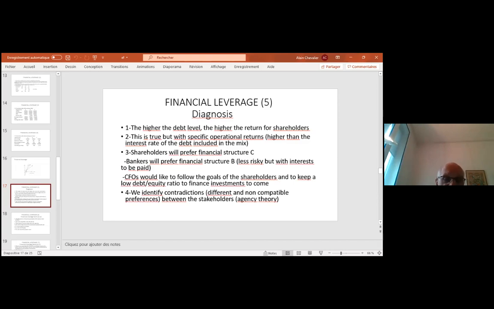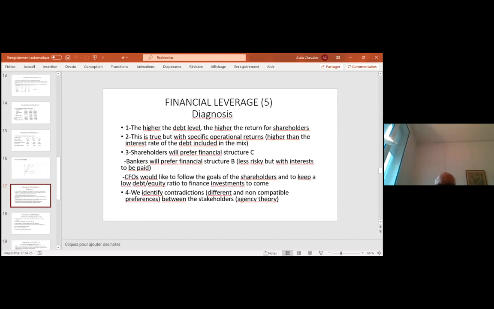If it was true in all the possible cases, it would mean that we would be very rich, very wealthy. Second, it is true with specific operational returns. Operational returns higher than the interest rates of debt included in the mix. That's what we demonstrated, the 8%. So when we have operational returns higher than 8%, it is a good policy.